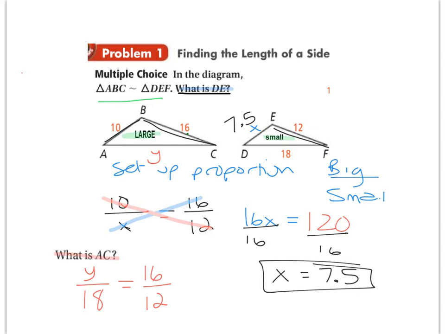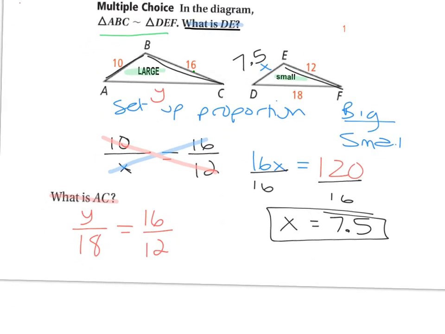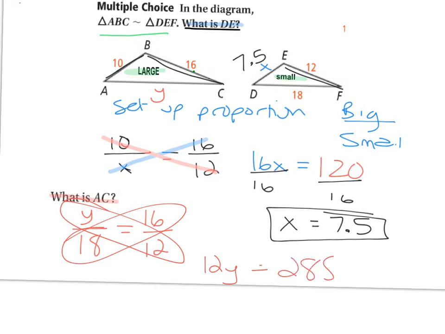As I cross multiply, I'm going to have 12 times y, or 12y, equals 18 times 16, which is 288. Divide both sides by 12, and we get 24. Y equals 24. Now, once again, if you go back up into that figure and you plug that 24 in there, you just do a quick check. Is it logical? And yeah, that does seem logical.